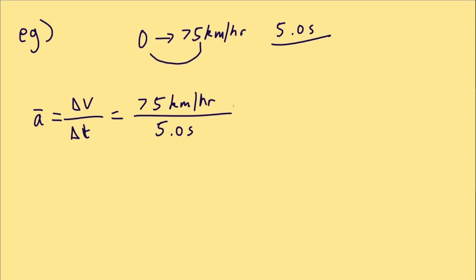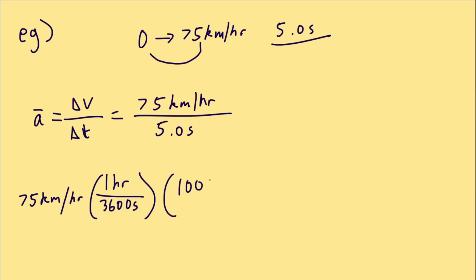There's a problem. We have a unit mismatch. We have seconds, kilometers, and hours. So let's use a conversion factor to convert this up here into meters per second. We're going to multiply 75 kilometers an hour by two conversion factors. 1 hour over 3600 seconds to get rid of the hour, and 1000 meters divided by 1 kilometer so that we can cancel out the kilometer.